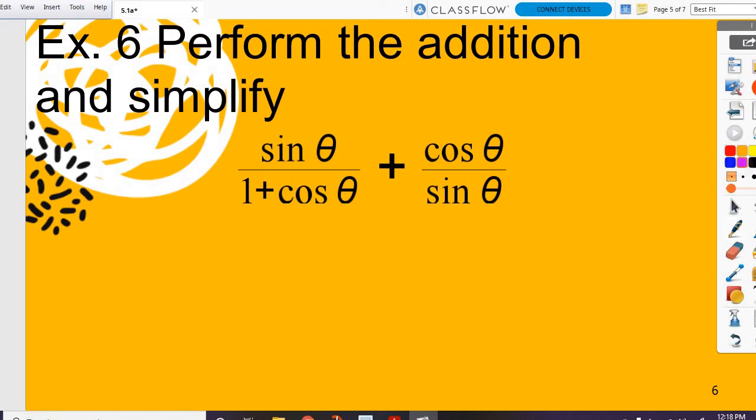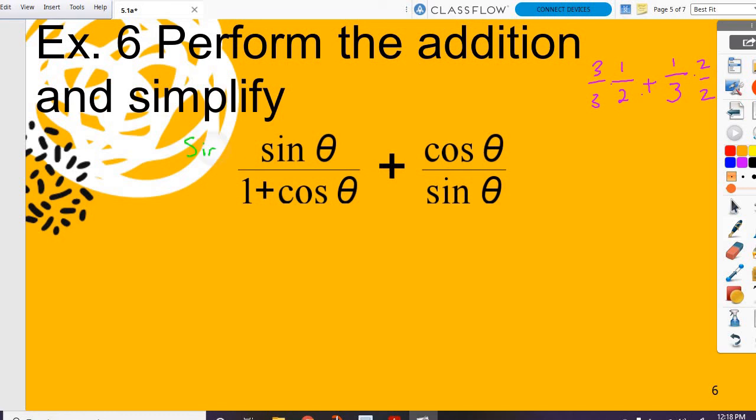So notice that this would be similar to if I have 2 things that have completely different denominators. You would have to multiply each of them by something in order to be able to reduce. The same is going to be true for this one. So notice my first fraction is missing a sine.